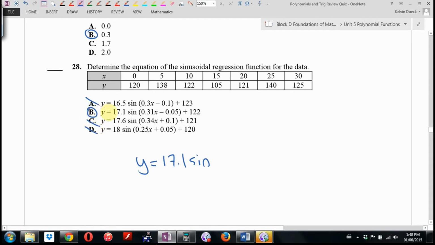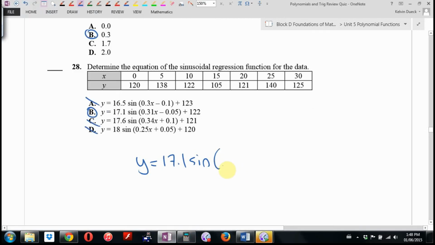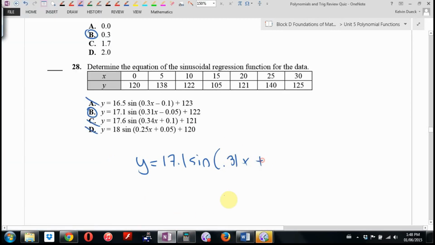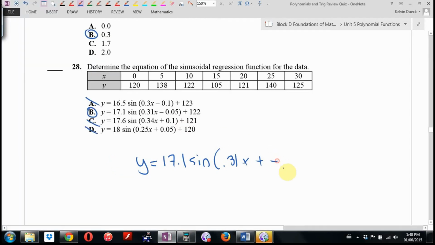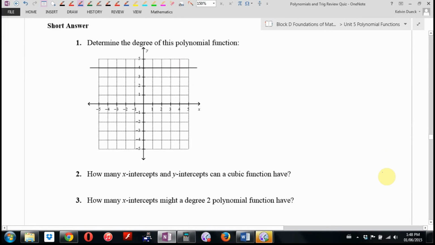It's got to be B. But for what it's worth, it would then be bracket 0.31x, because it's sine B, there's B, x, plus C, negative 0.05, close bracket, plus 121.9. Or 122. Short answer.